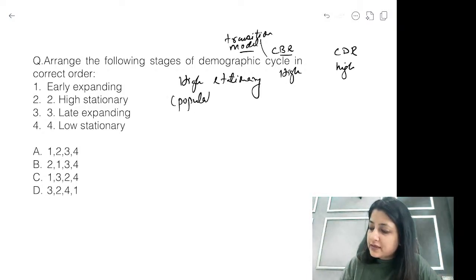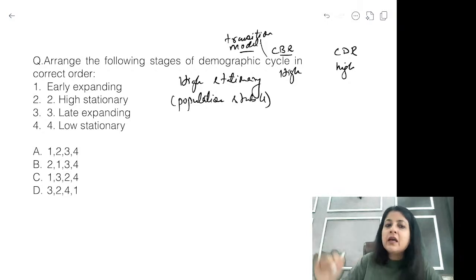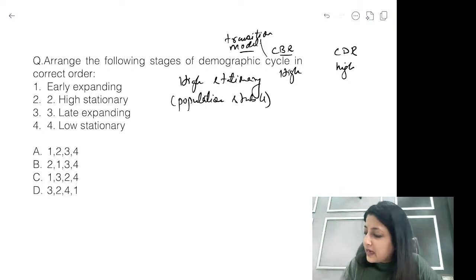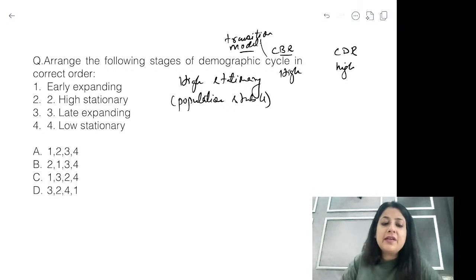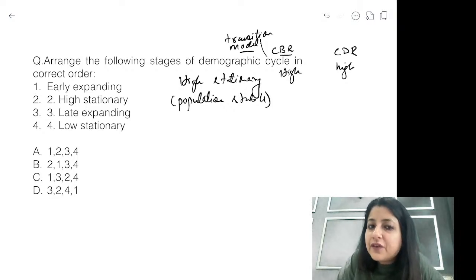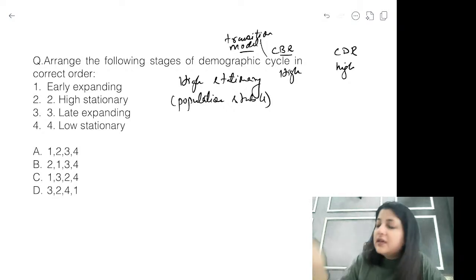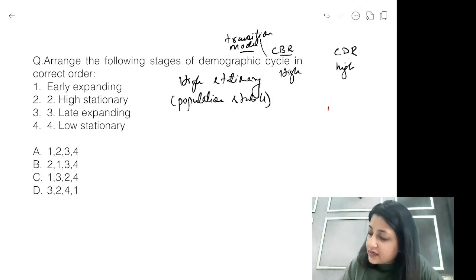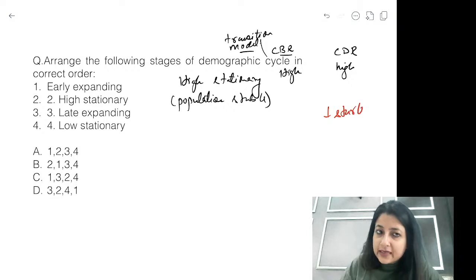When a country goes to another stage, we are first concerned about increasing life expectancy or saving the lives of the people. So CDR starts to decline.